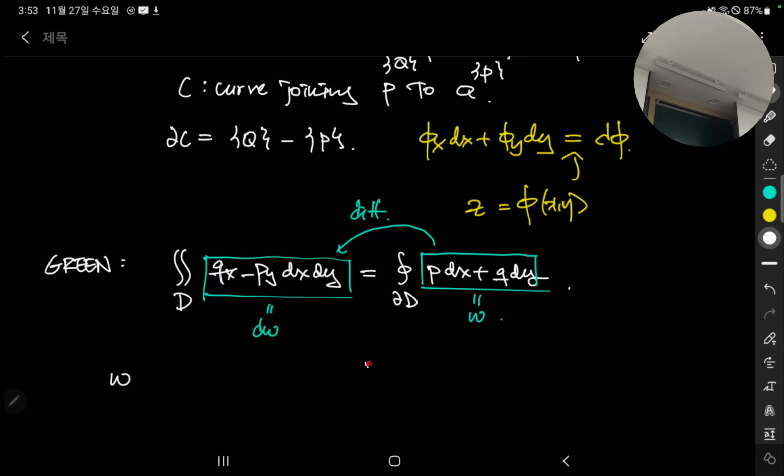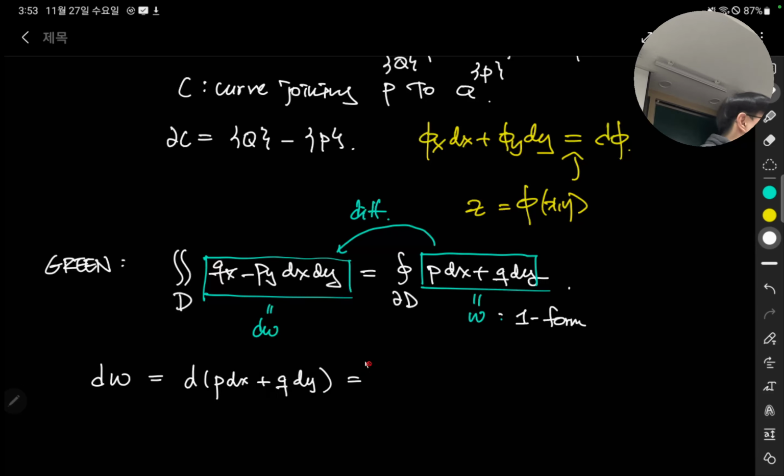This omega is called a one-form because it has one d here. And when you take the differential of a one-form, you get a two-form. So this is how you take the differential here. First, you take the entire p dx plus q dy into the differential operator.